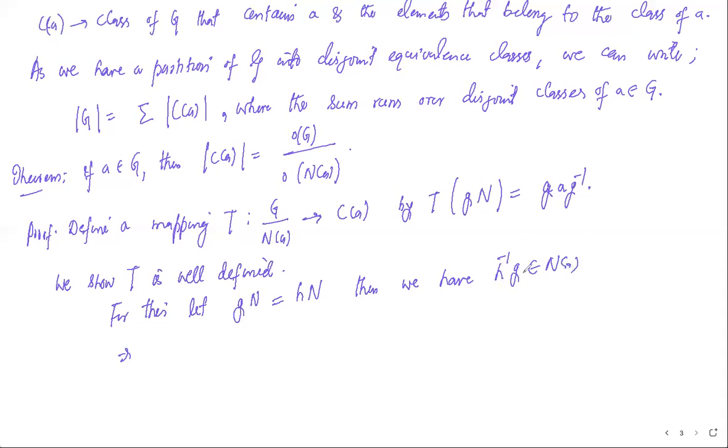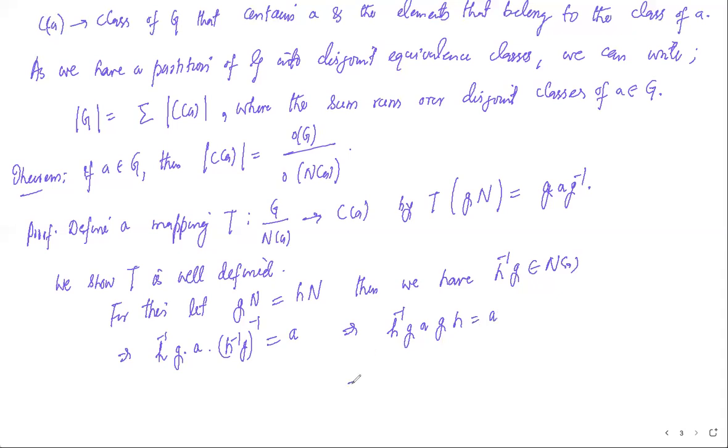So once h inverse g is in N(a), this implies (h inverse g) a (h inverse g) whole inverse is equal to a. So this implies h inverse g a g inverse h is equal to a.